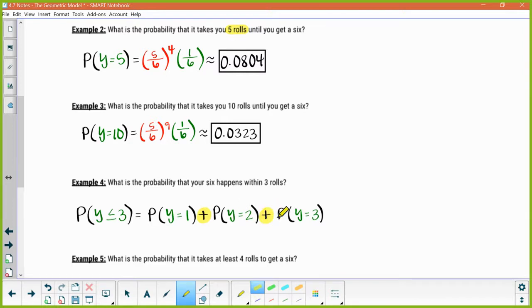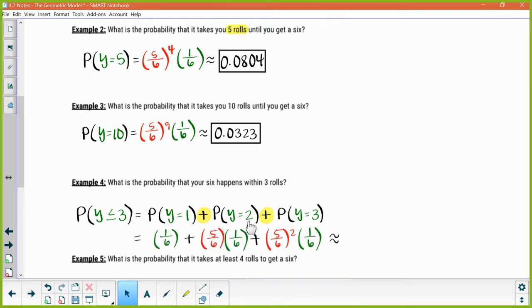We know the probability Y equals 1 is just 1 over 6. Y equals 2 means we had one failure, one success. 3 would be 2 failures, 1 success. When I combine all of those things together, I get approximately 0.4213.